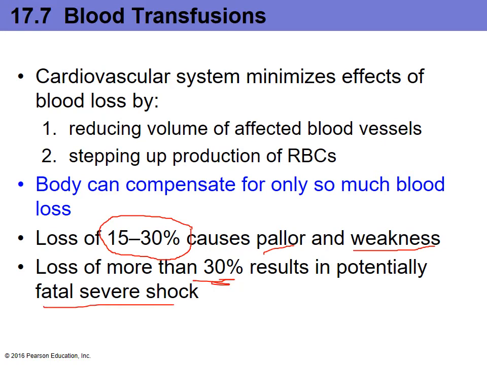And this is due to the fact of the extreme amount of pressure that will be placed on the heart, and the reduced blood flow will actually make it harder for the heart to go ahead and pump blood. You'll have a severe reduction of venous return, meaning the blood is not returning to the heart, so it can't equally distribute it throughout the body, which can be a very stressful situation. And this, of course, goes hand in hand with the fact that you are also not getting enough oxygen, and you're definitely not getting enough protection from your white blood cells.